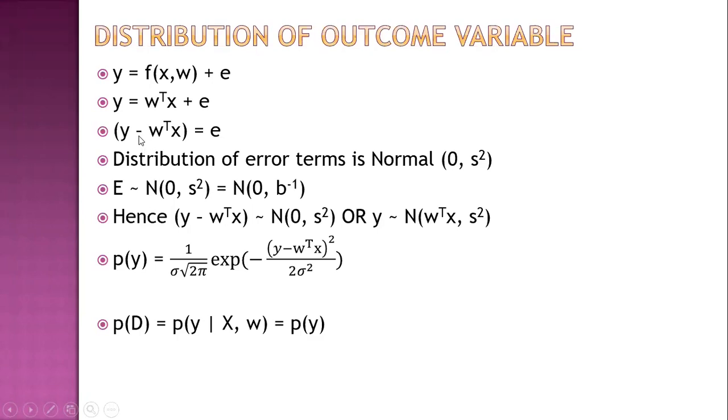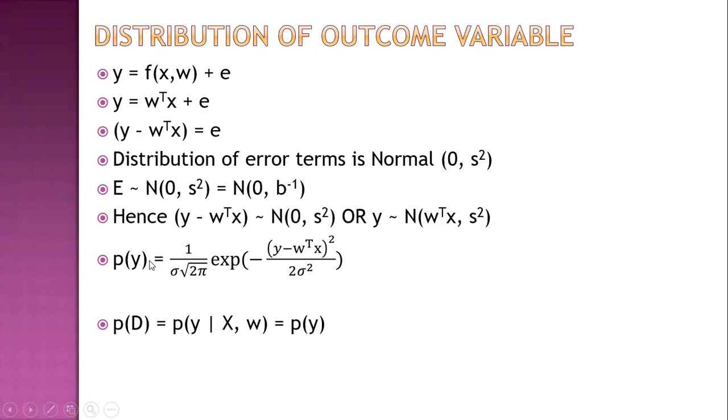Hence, the difference on this left hand side, the difference between the actual and predicted, is also normally distributed with this variance. So y is normally distributed with this mean and variance. It can be said like that.